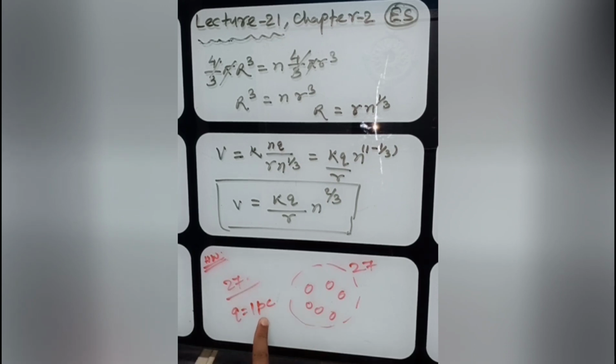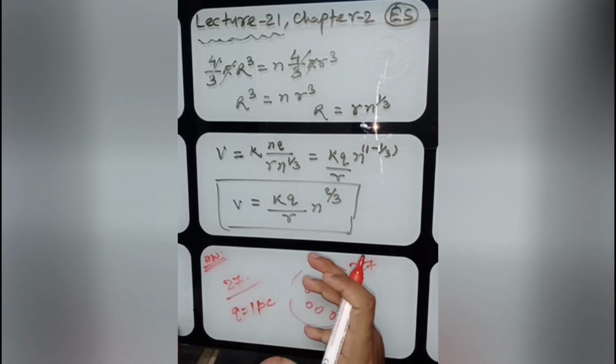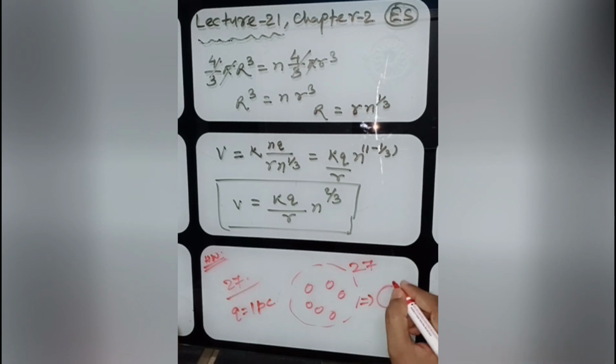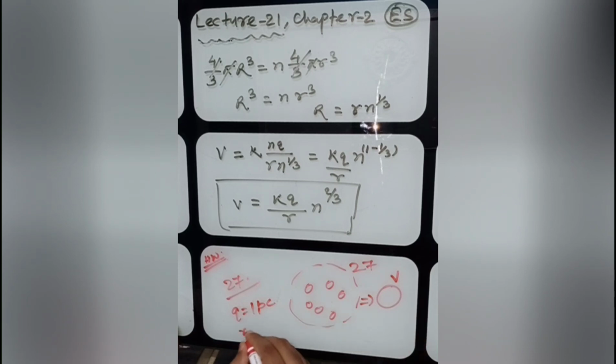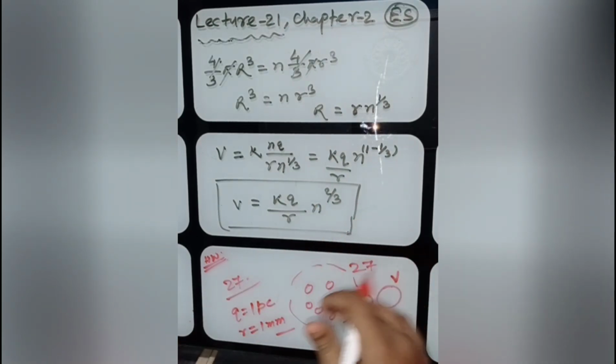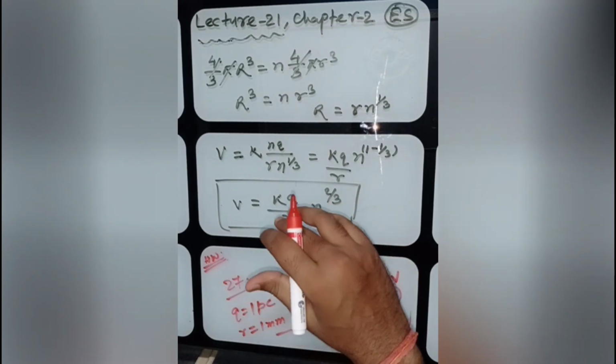So the 1 picocoulomb charged droplets are coalesced to form a big drop. You have to find the potential of the bigger drop, exactly the same question. The radius of each droplet is 1 millimeter. For your simplicity, all the data I've given is very simple. So this is your question.